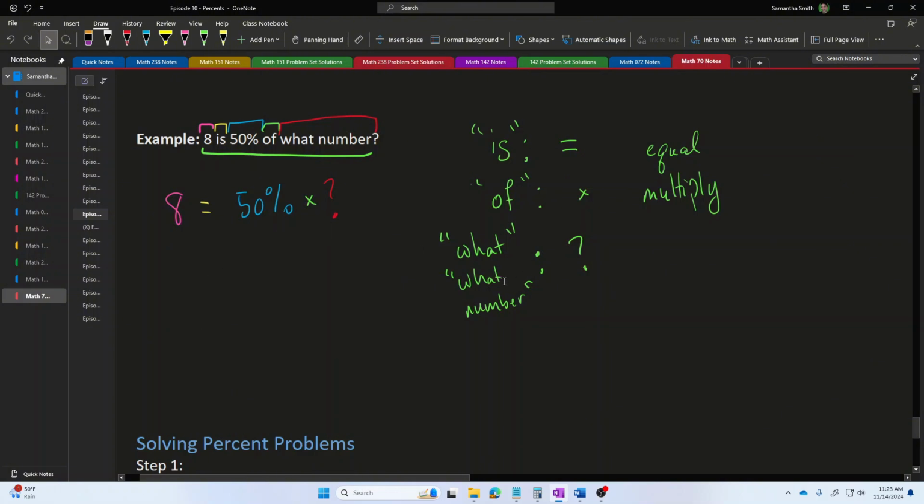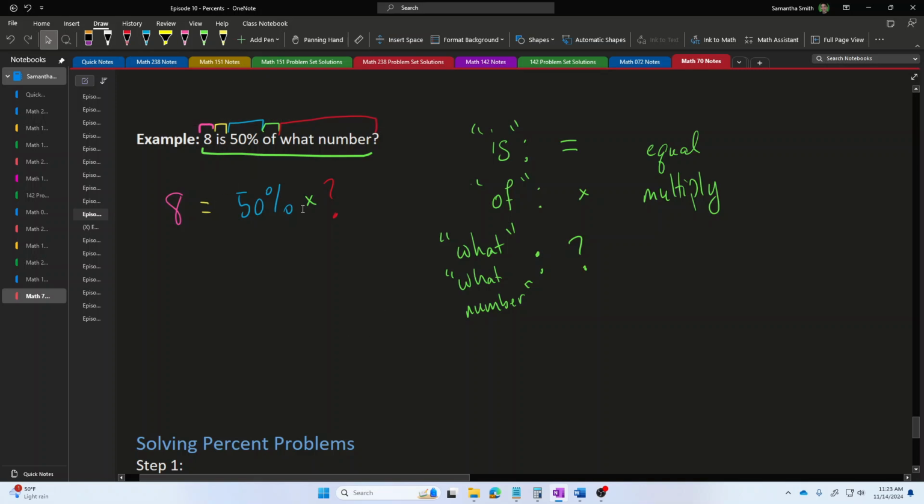Now, my goal is to figure out from this statement what is the value of the question mark. What is the question mark equal to? And to figure that out, I am going to divide by 50% in order to cancel out this multiplied 50% on the right side.